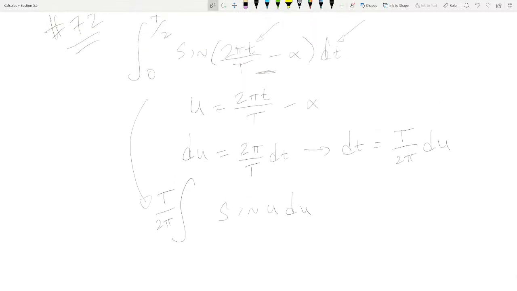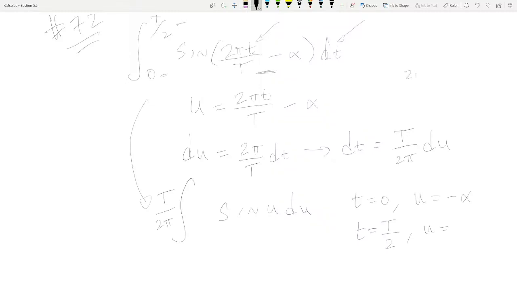The little t was going from 0 to capital T over 2. So when little t is 0, then u is minus alpha. And when little t is capital T over 2, then u is, let's go over here on the side and do that.